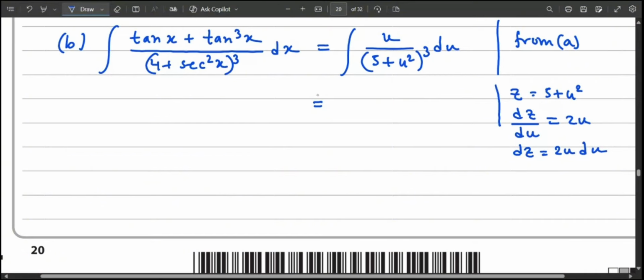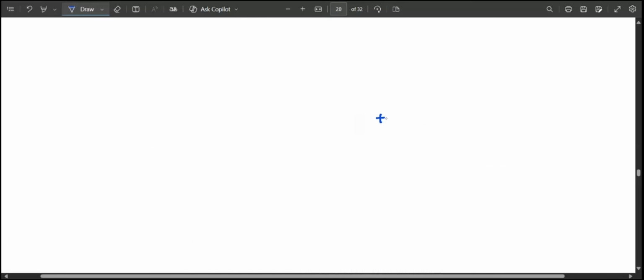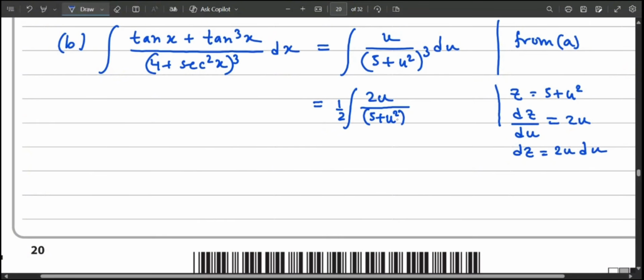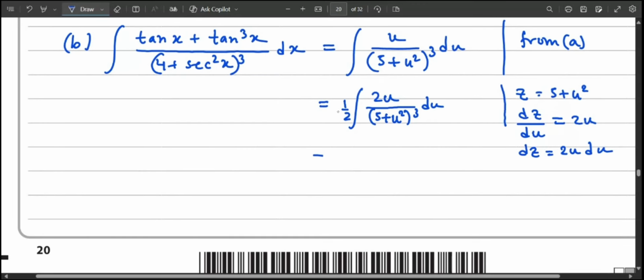Now I can use the substitutions to substitute my expression. I can write half, 2u divided by (5 plus u square) to the power of 3 du. I can write half outside our integral sign because I have brought a 2 with our u. The 2 and the half cancel each other out, and that's why our expression in step 1 and step 2 are equal.